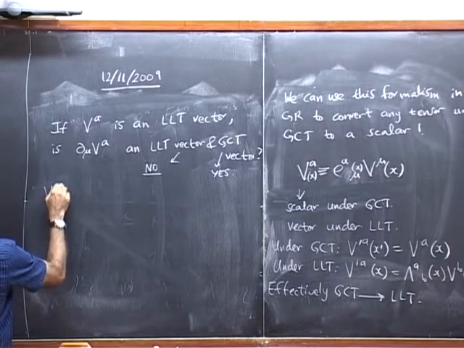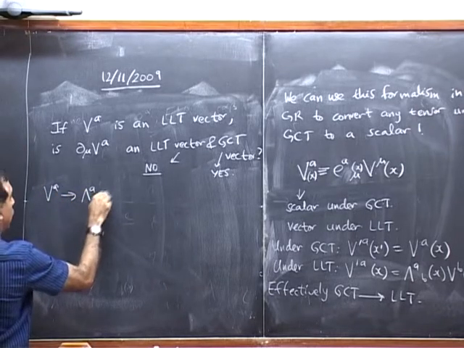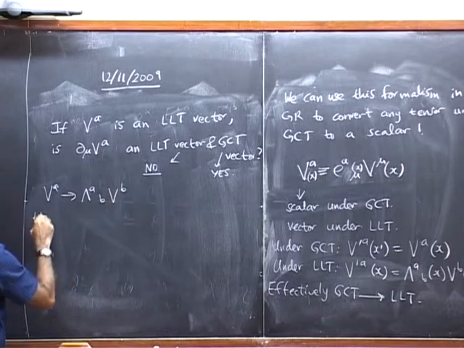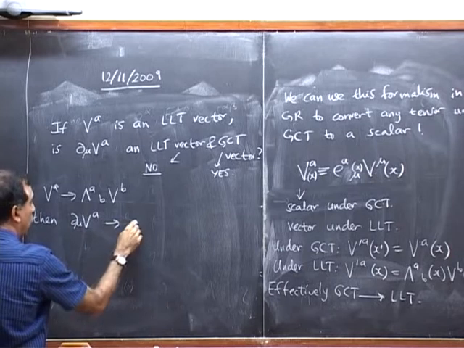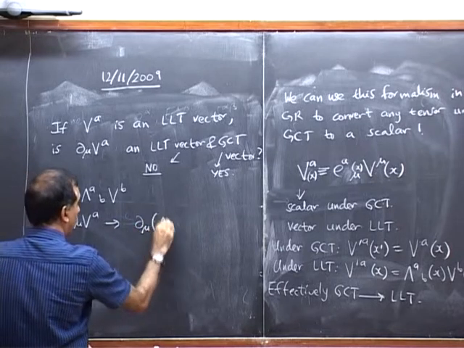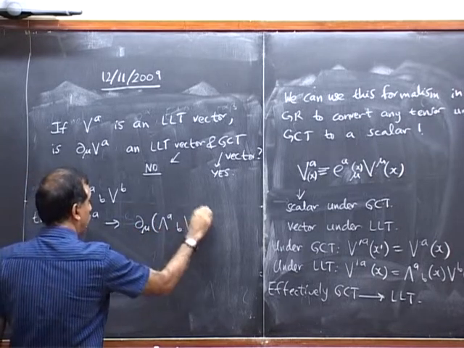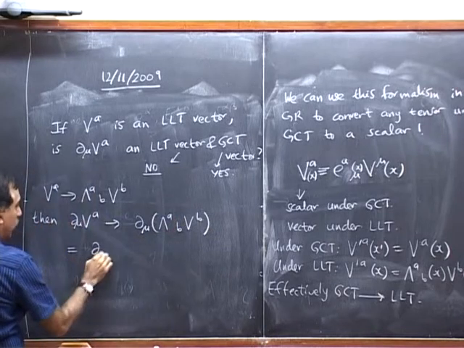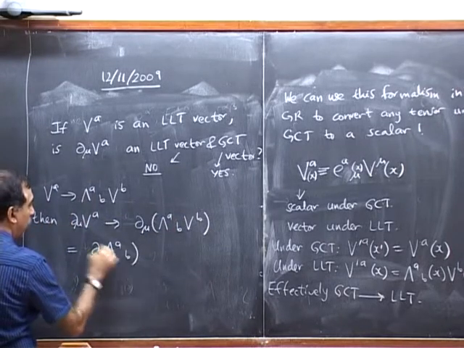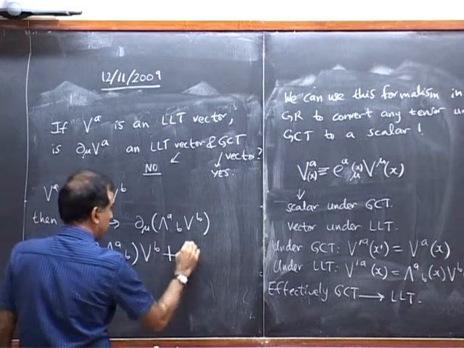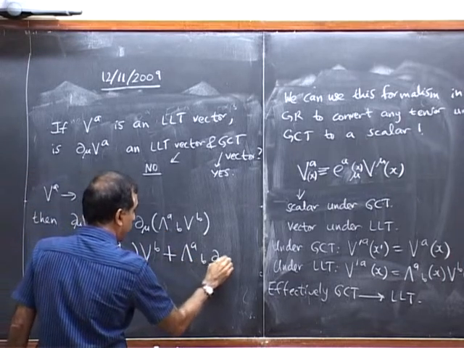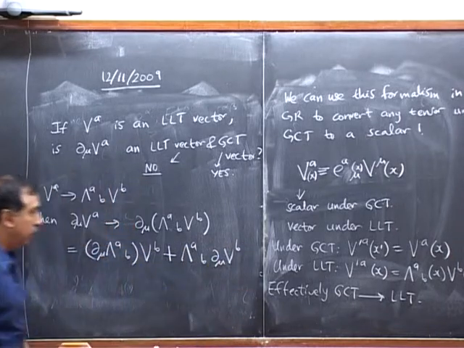Well, VA goes to lambda A B VB, then d mu VA goes to d mu of lambda A B VB, equals d mu of lambda A B times VB. So you see all the problem is because it's local, depends on x, plus lambda A B d mu of VB.